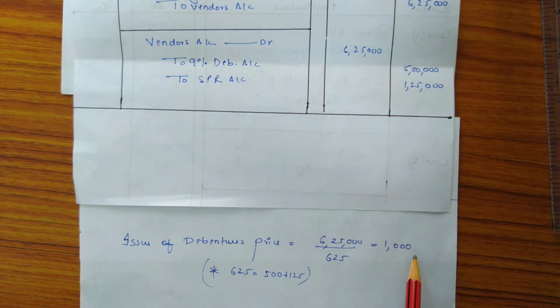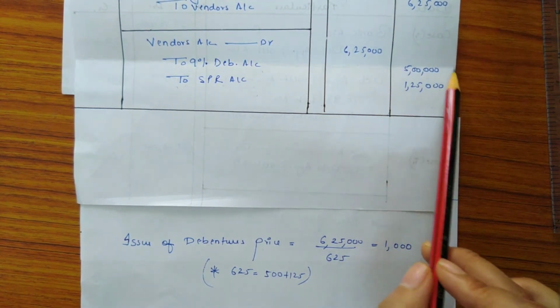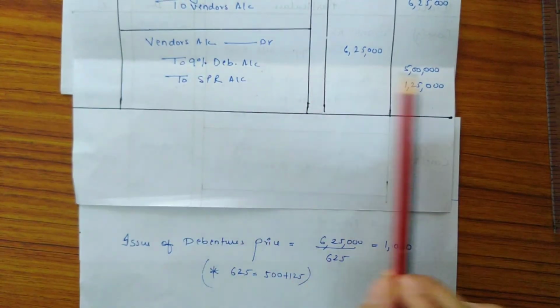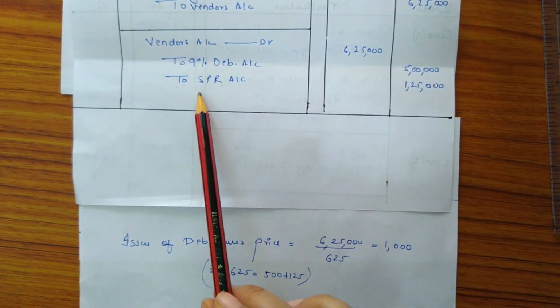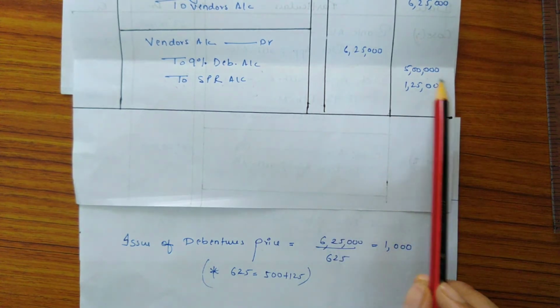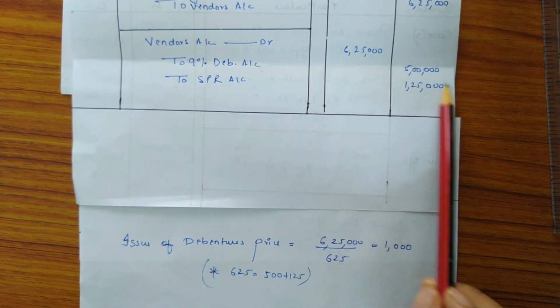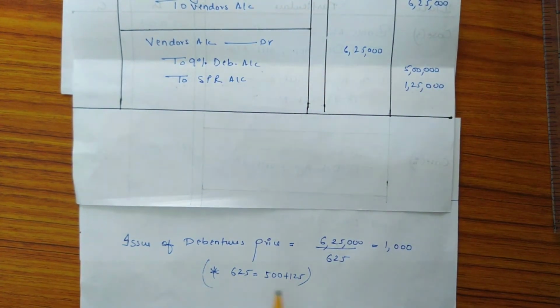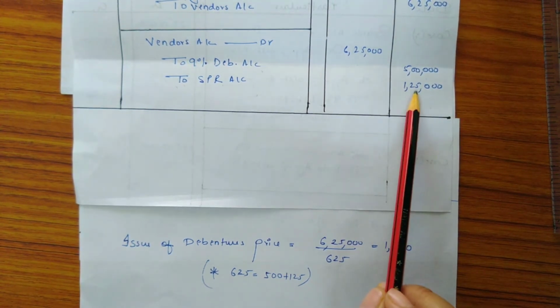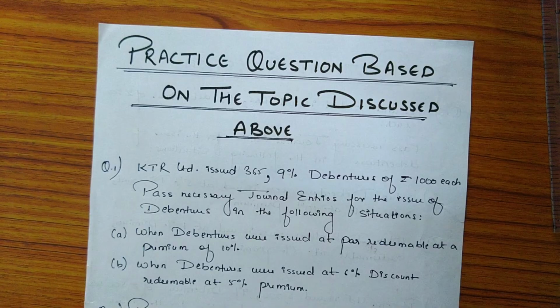So 1,000 into 500 is 5 lakh, which is transferred to 9% debentures account, and securities premium reserve account is credited with 1,25,000, which is 1,000 the number issued and 125 the premium. So 1,000 into 125 is 1,25,000.